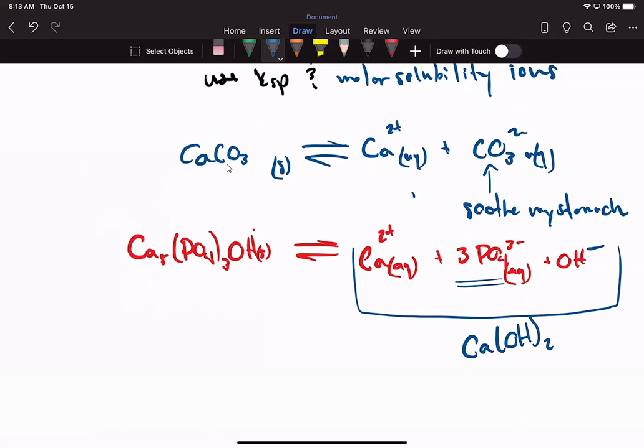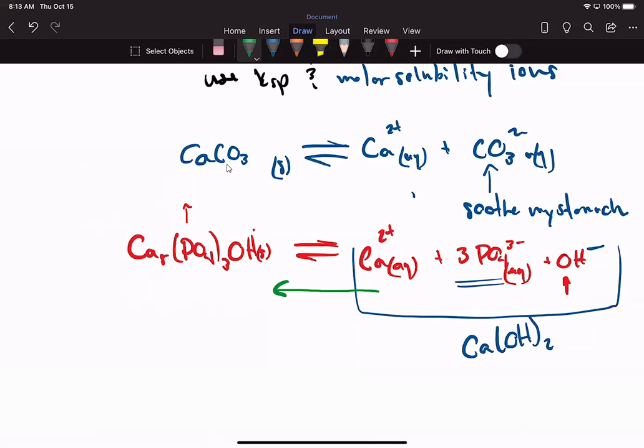If I increase this concentration, that means that this concentration is also going to increase, and we're going to decrease the amount of phosphate because this will shift to the left.